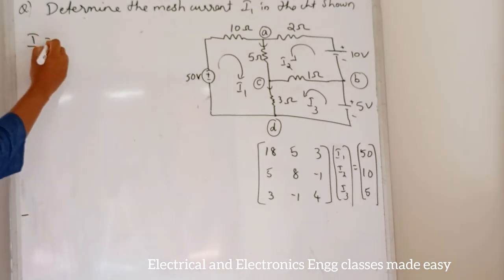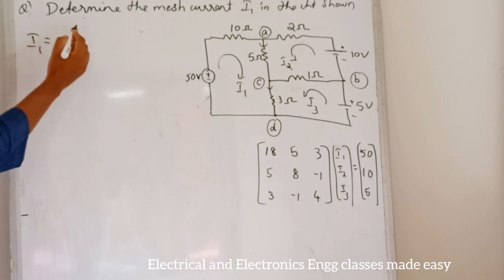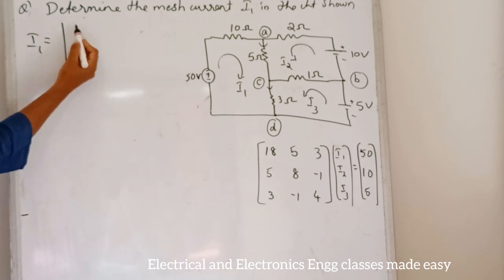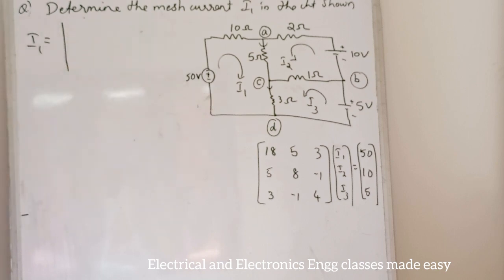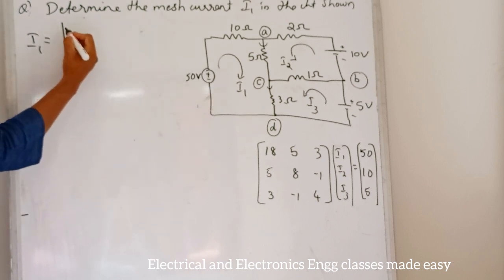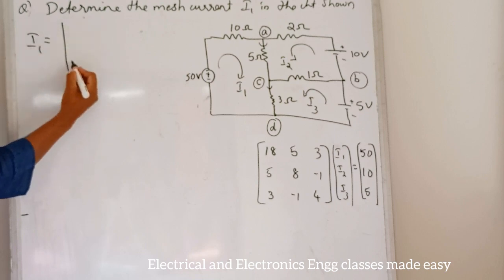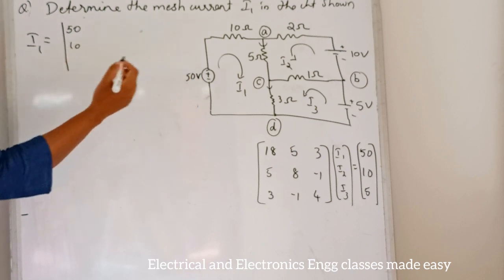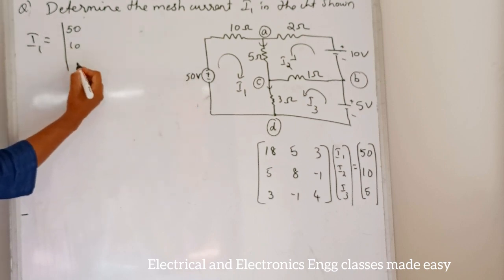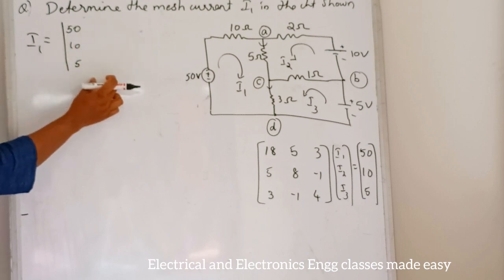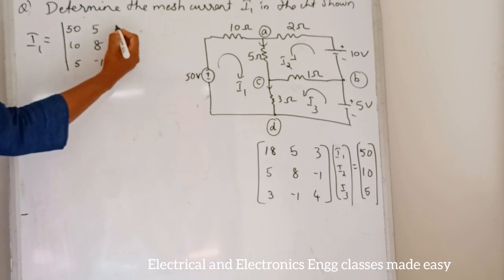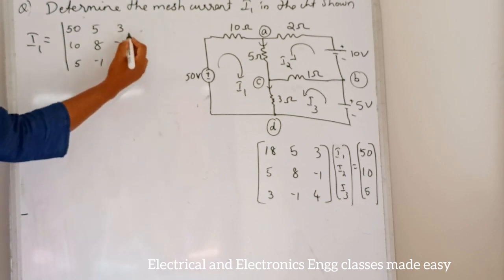I1 is equal to the determinant where the first column is replaced with the constant terms on the right side, that is 50, 10, 5, and the remaining two columns are written the same: 5, 8, minus 1, then 3, minus 1, 4.